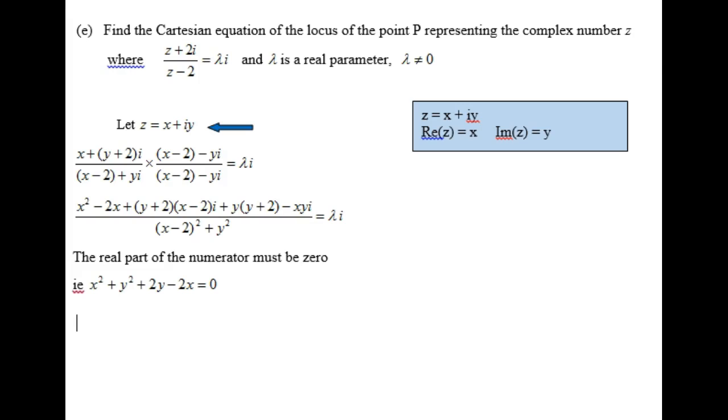If you come back to the original z equals x plus iy, the real part's the x, the part without the i in it. So for this expression down here, again, the real part are the parts without the i in it. And so we're just going to pick out those terms, they equal 0.